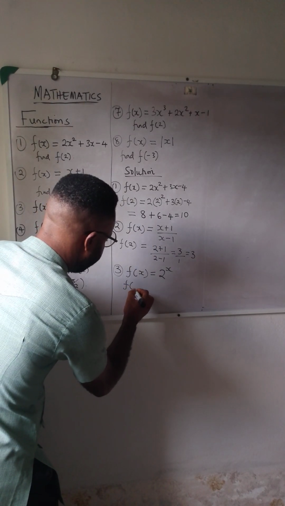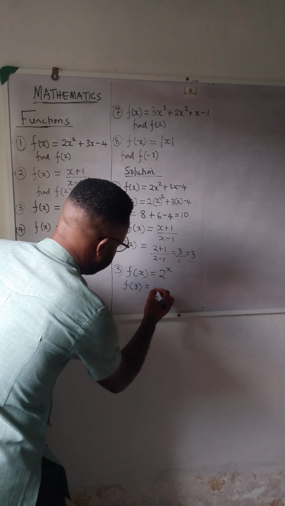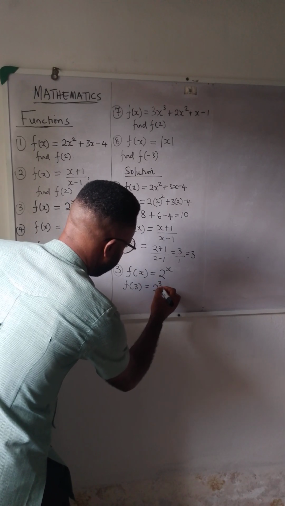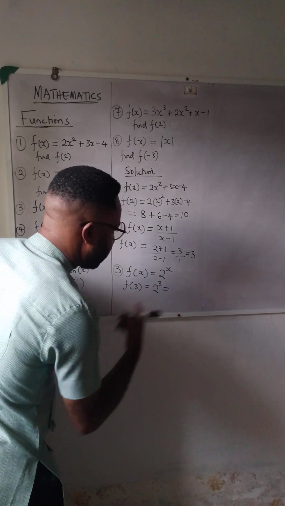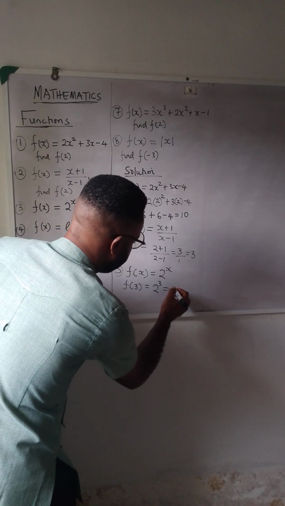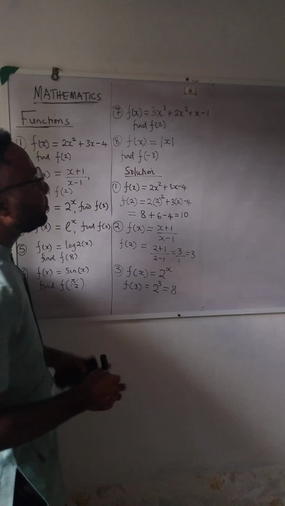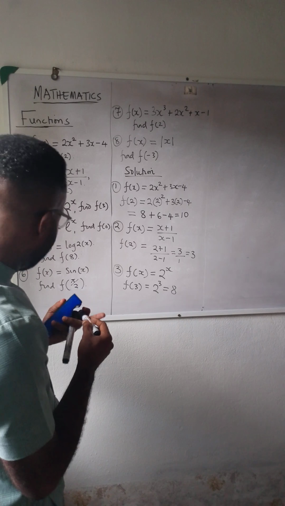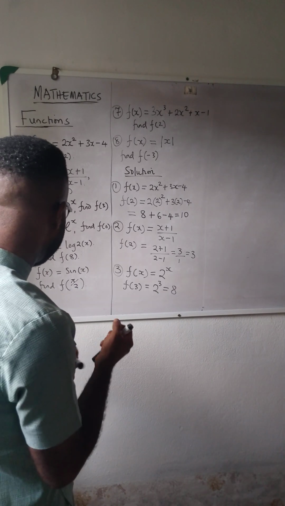So for f of 3, the value of x will now be 3. So 2 raised to the power 3 is 2 times 2 times 2, and that will give us 8. So we've solved question number 3.